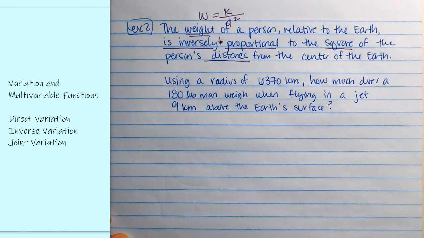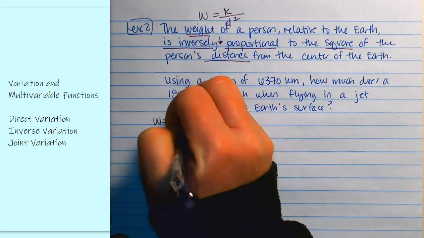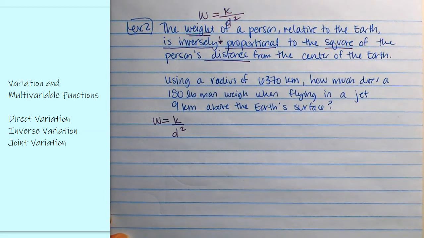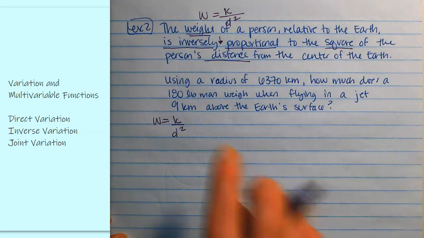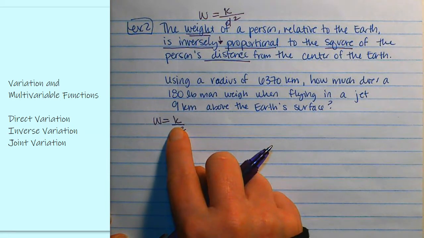Now we're going to take this equation, W equals K over D squared, and plug in the things that we know. First, we have to find out exactly what the K value is. So K is going to be the constant no matter where he is, whether he's on the surface, or in a plane 9 kilometers above, 12 kilometers above. This K is going to be the same.